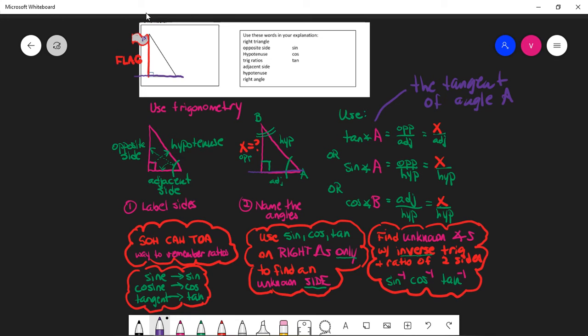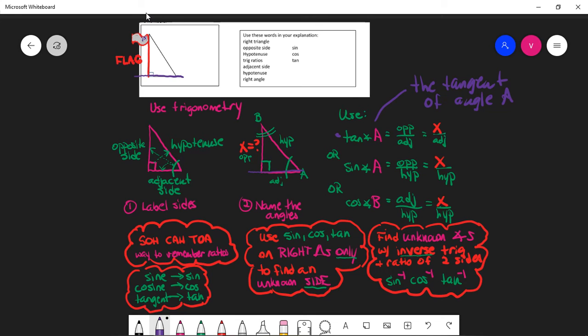So I could use the tangent of angle A, which is the ratio of the opposite side over the adjacent side, would equal X, the height of my flagpole, divided by whatever the adjacent side is, if I know that, from angle A to the flagpole. Okay, whatever the adjacent is, the number that they give you, or you make up, right?